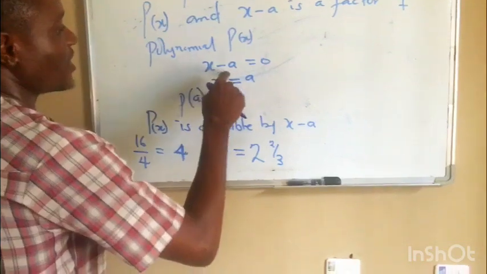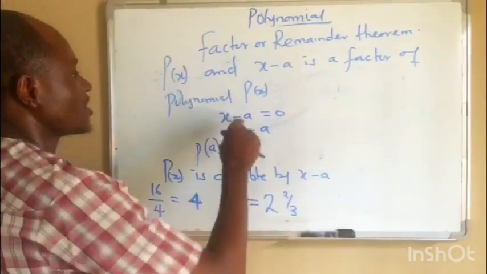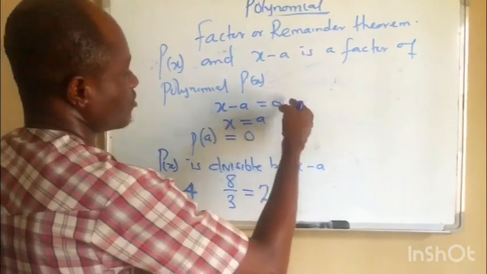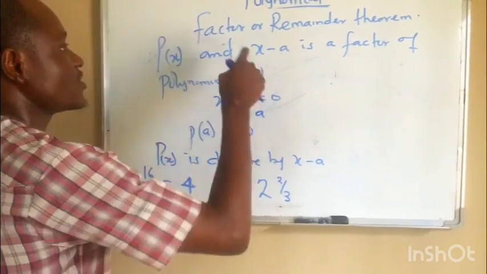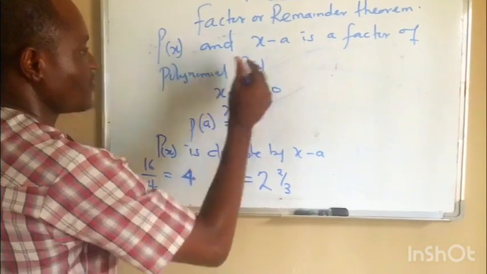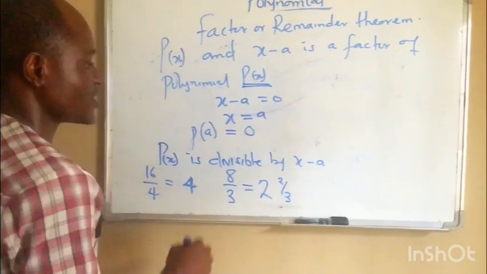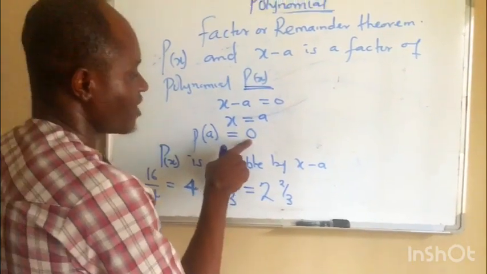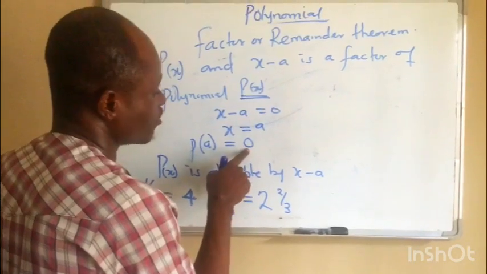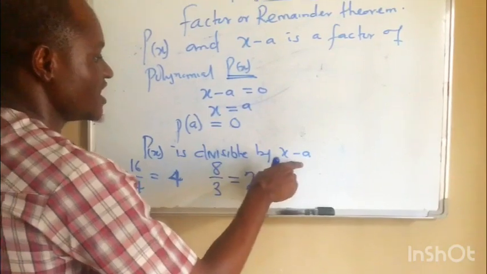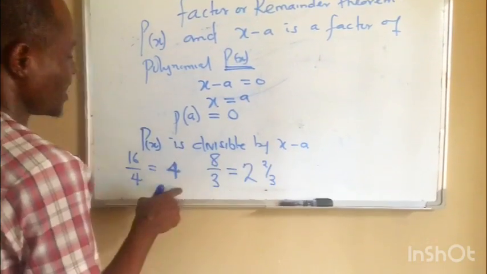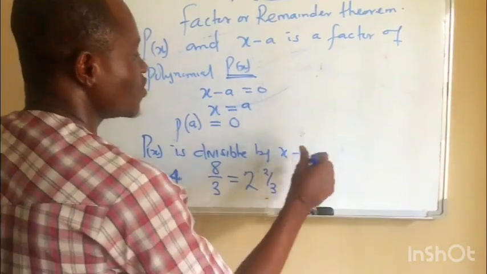Now, if x minus a is a factor of a polynomial, and I set x minus a to 0, that means x becomes a. If I substitute a into this polynomial p of x, and at the end I arrive at p of a equals 0, what I'm saying is that p of x is divisible by x minus a. That means we have a 0 remainder.